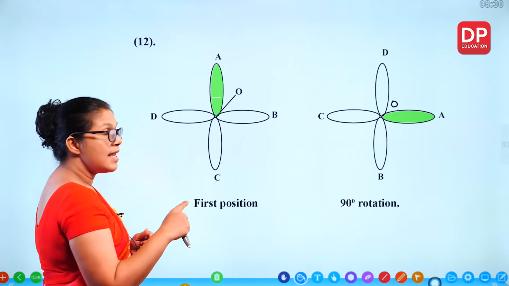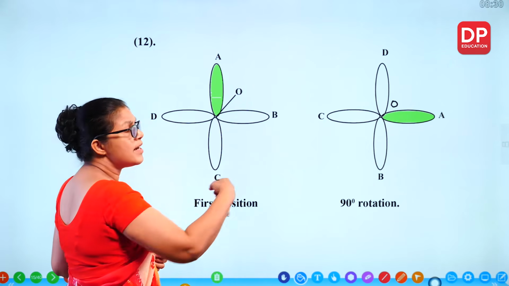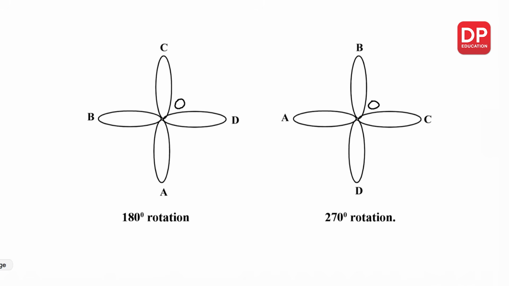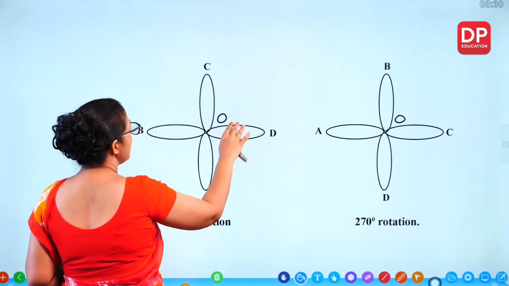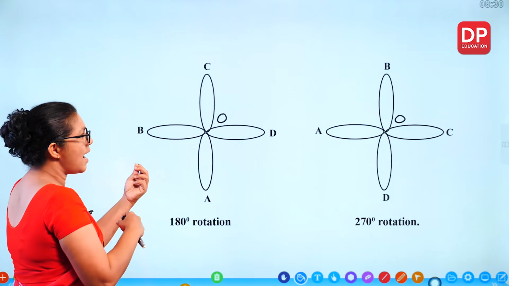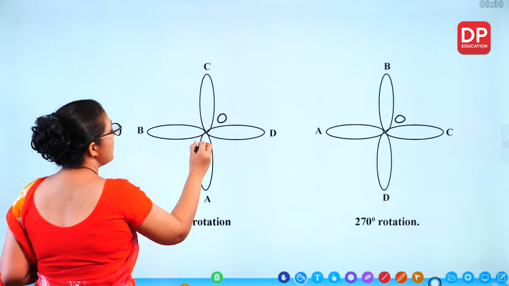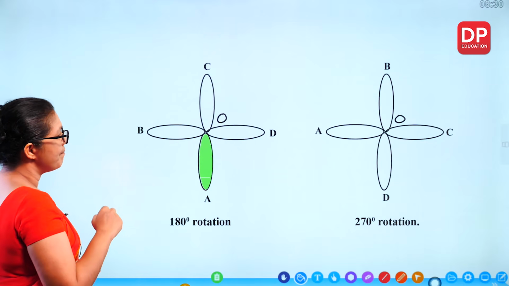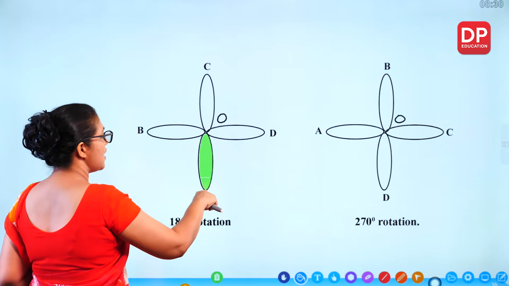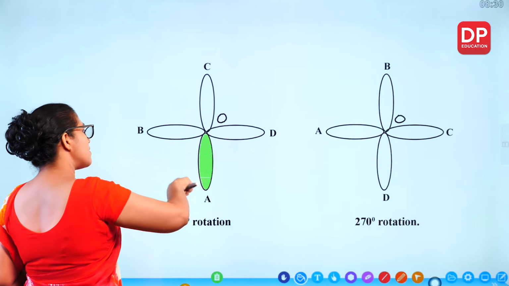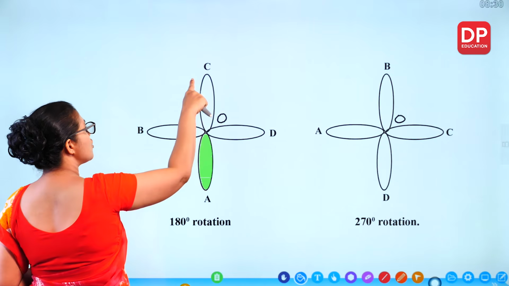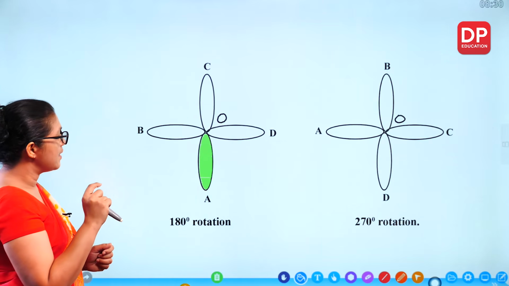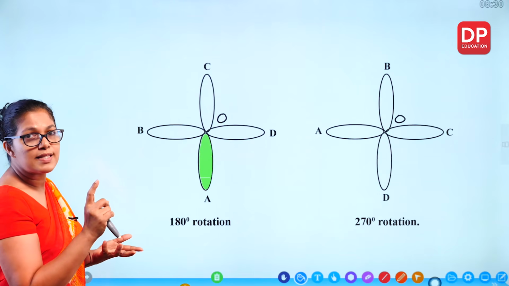Now from here, another 90, what happens? The green petal comes here. So the A position comes here, A, B, C, D. Clockwise, it is the same position, but the starting point of A is here now. That's 180 degrees.